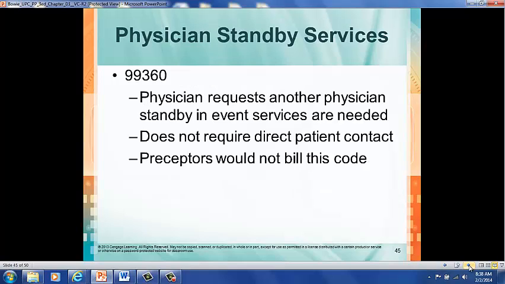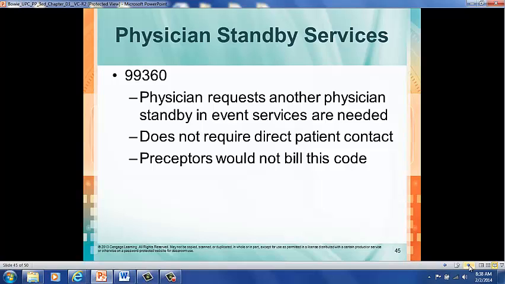Physician standby services is the last code of the prolonged services section. It is used when a physician requests that another physician stand by in the event that his services are needed. Standby service does not require direct patient contact.